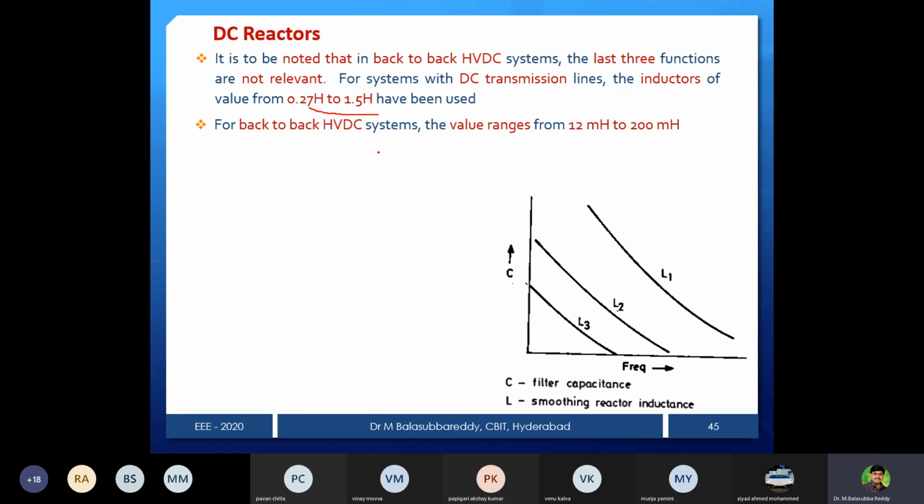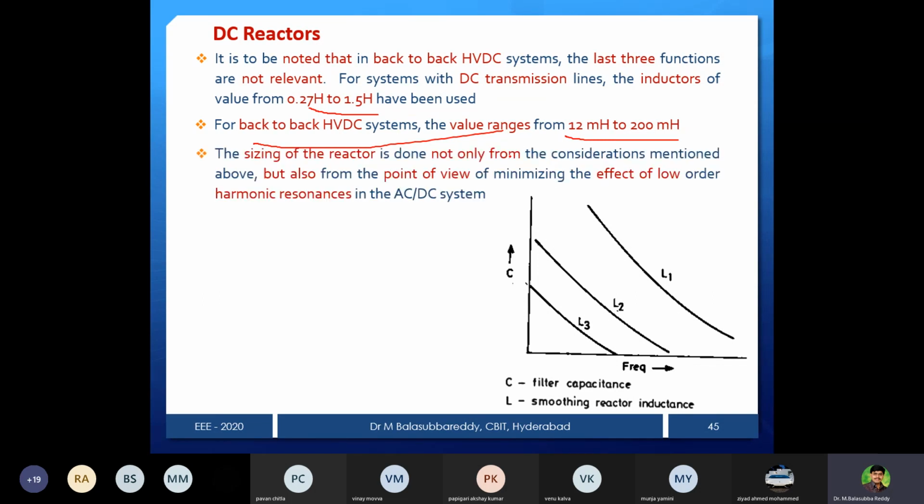In that scenario, reliability will be more, because of the reactor only. So in the back-to-back HVDC system, the value ranges from 12 millihenry to 200 millihenry. That is only in the case of the back-to-back system.